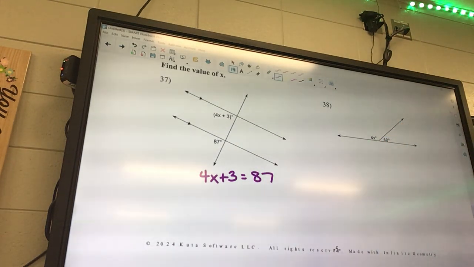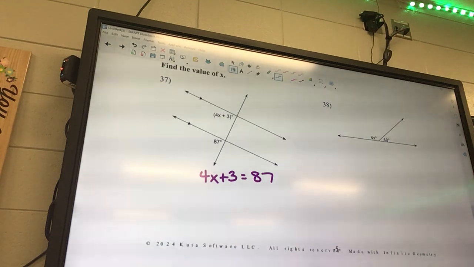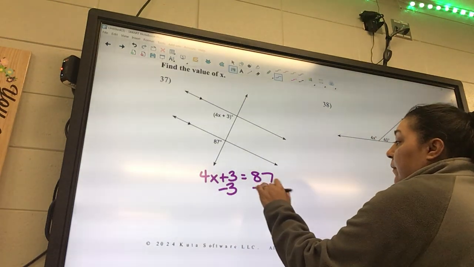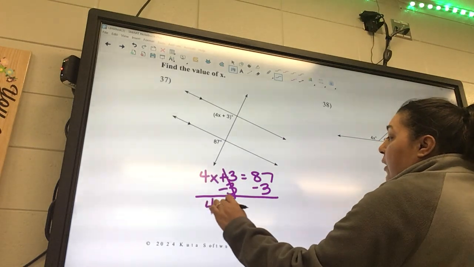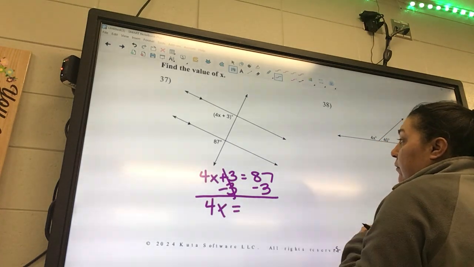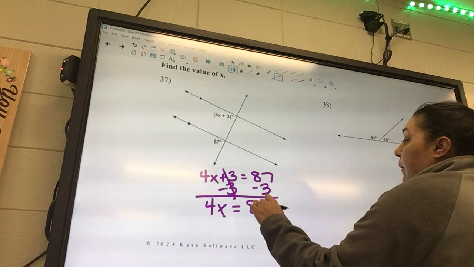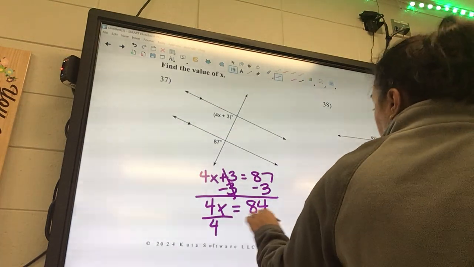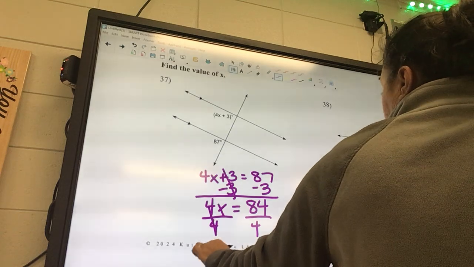Okay, so what needs done first? Minus 3 from both sides. So I get 4x equals 84. And then what? Divide by 4. 21. You said 21? Yeah.